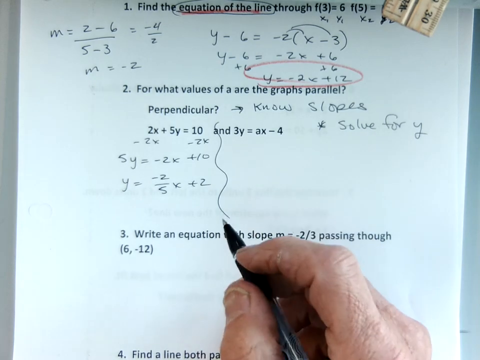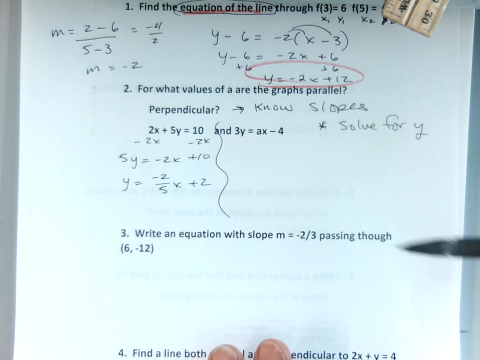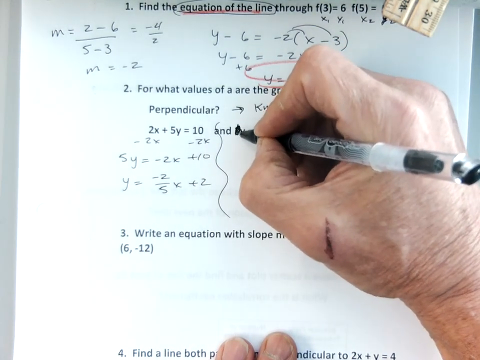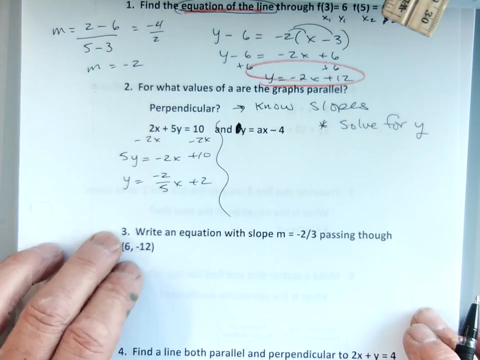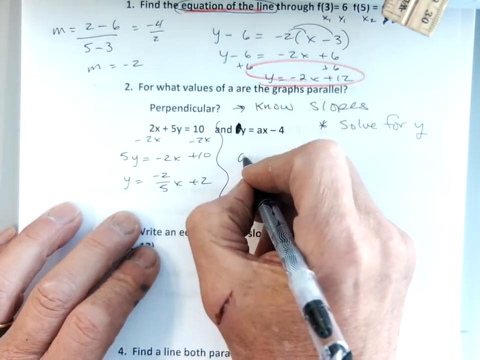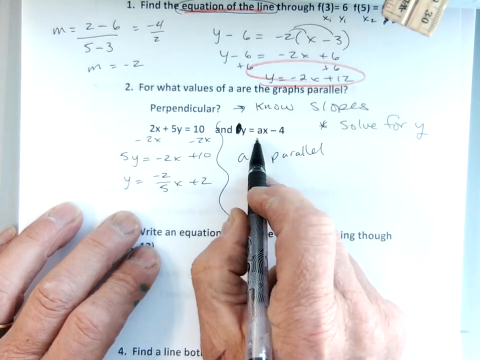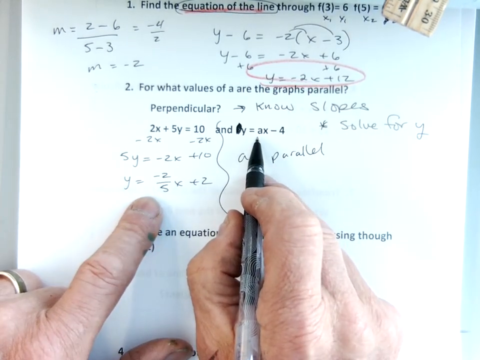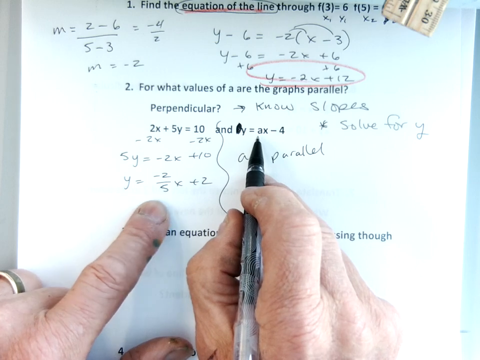Okay, on this one, let's make this easy. Scribble out the 3. Let's just make it easy, okay? So, what does A have to be parallel? What does the value of A have to be parallel? Negative 2/5. Yeah, it's got to be the same slope, right?